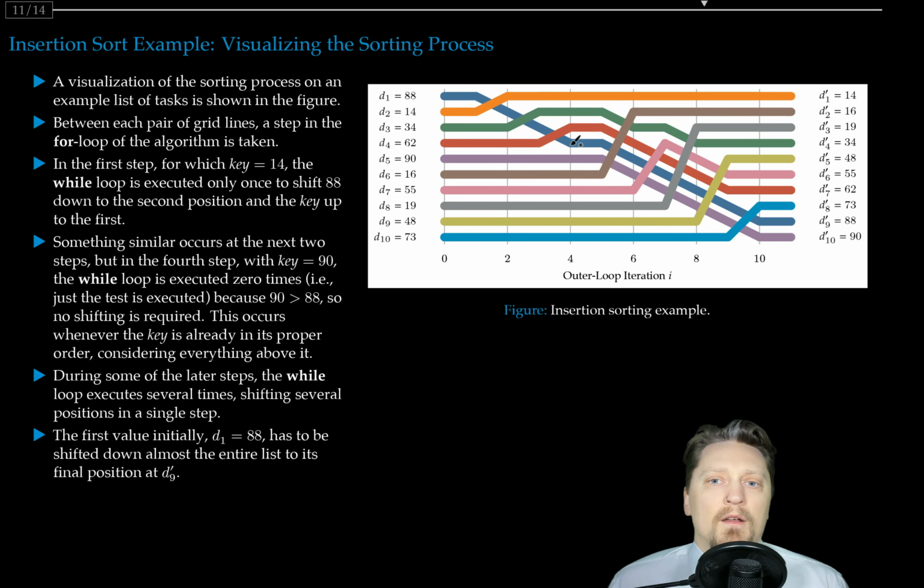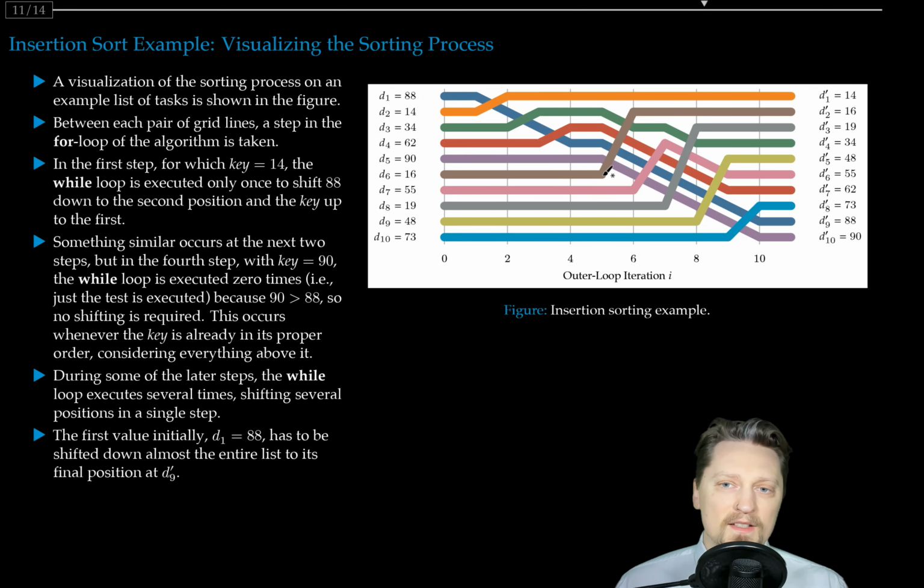Good. Now the key element is 90. However, 90 is greater than 88. So we won't swap on that iteration. Good. And we go to the next step, the 5th step, and our key is 16.